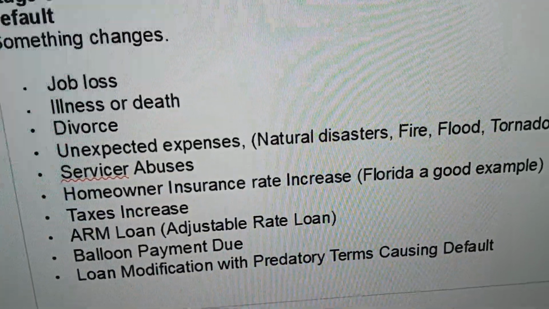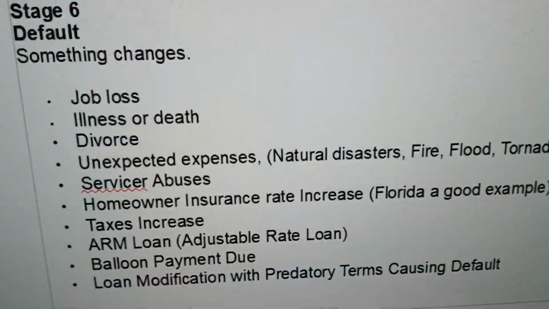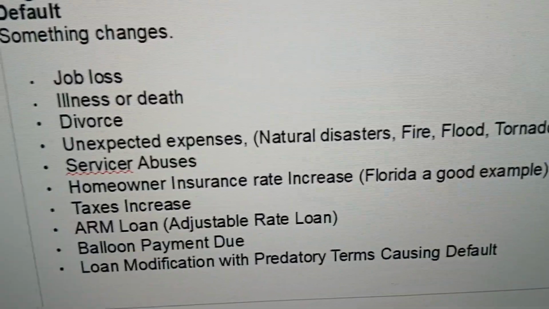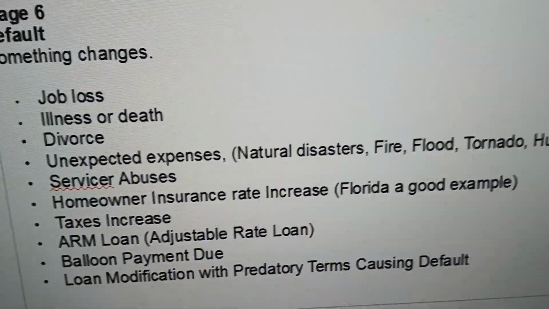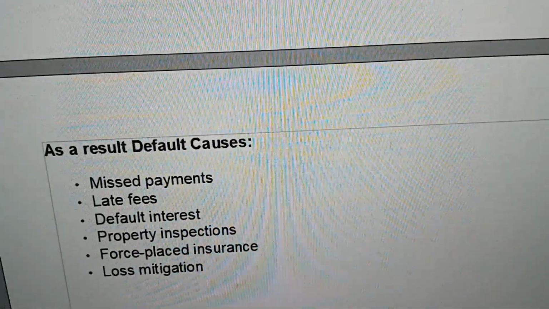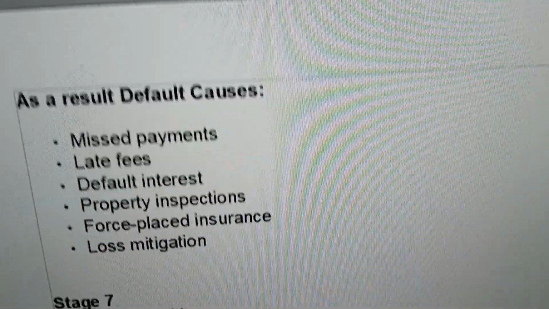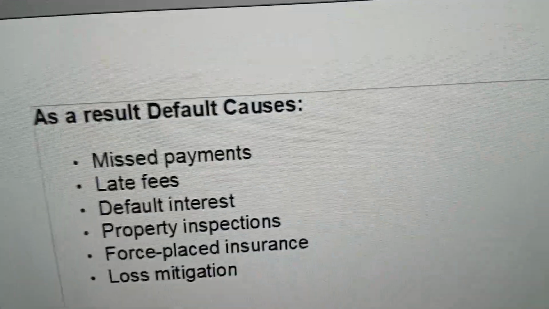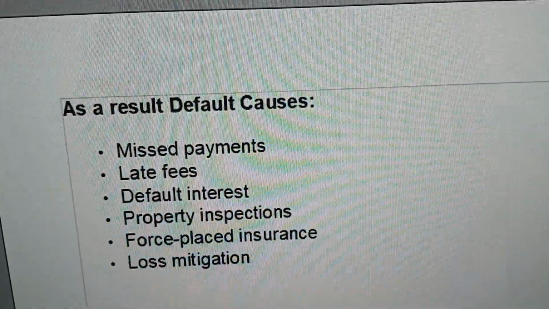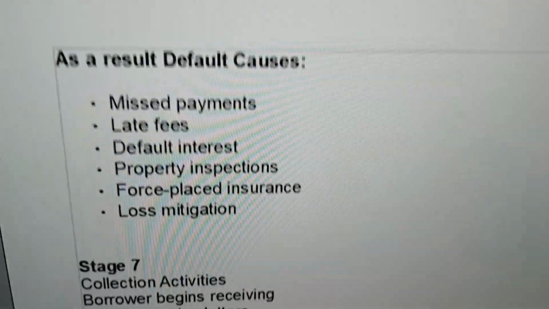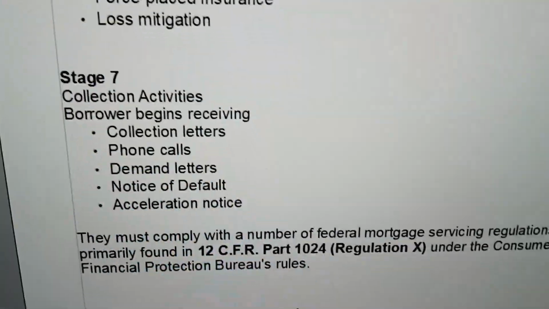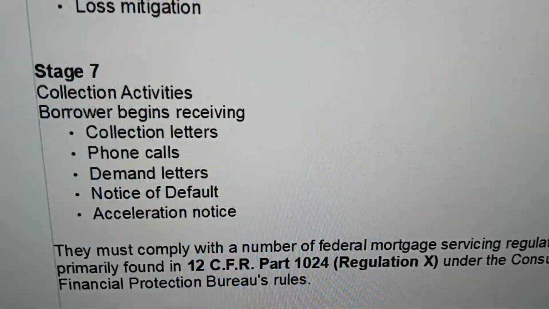Then you have your adjustable rate mortgages that become due, or a balloon payment due. A loan modification with predatory terms can cause default as well. So as a result of default, this causes missed payments, late fees, default interest, property inspections, force-placed insurance, and loss mitigation.